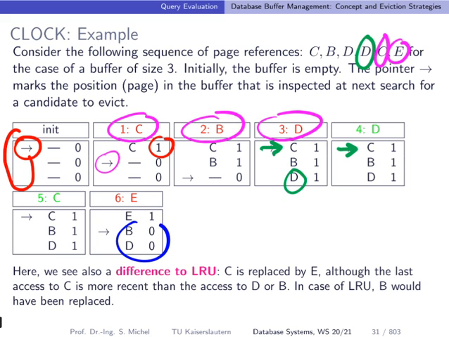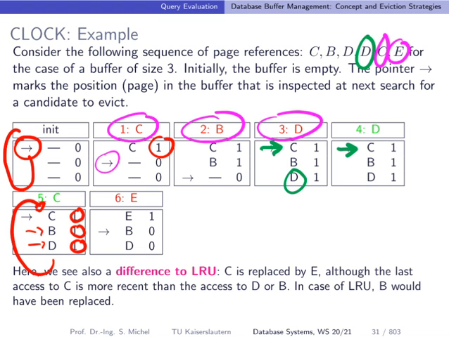But what happened here? Basically, we had this situation here. The pointer pointed to C to be the candidate to be checked for eviction, but we could not evict it, so we just set this bit to 0. Then the pointer moved on. Then we set this bit to 0. The pointer moved on. We set this bit to 0, and then the pointer moved back, because it's a circular, like a ring buffer.